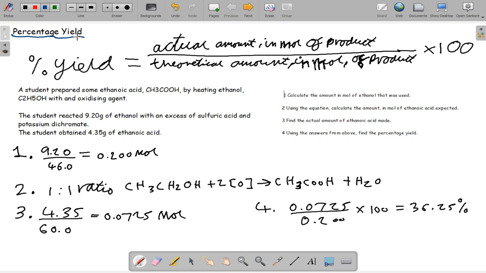Now, percentage yield is used in chemistry to see how much of a product is formed when you put a certain amount of reactants in, and it's also used to identify the limiting reagent as well.